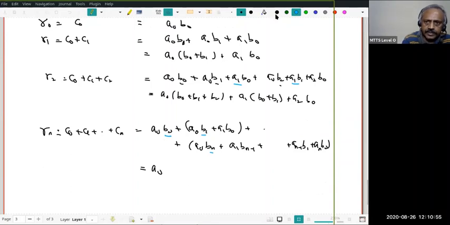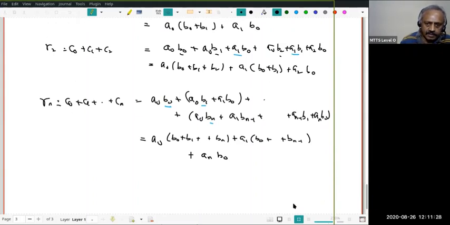Therefore, this is going to be A naught into B naught plus B1 plus up to Bn. Plus what will be A1? See, the terms have to add. Therefore, A1 will start from B naught, but it can go up to only Bn minus 1. Is that clear? And when I come to An, it's just B naught.